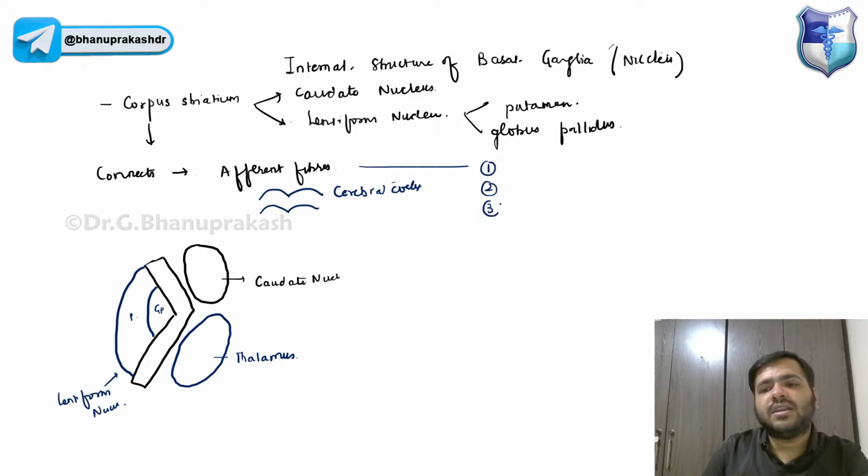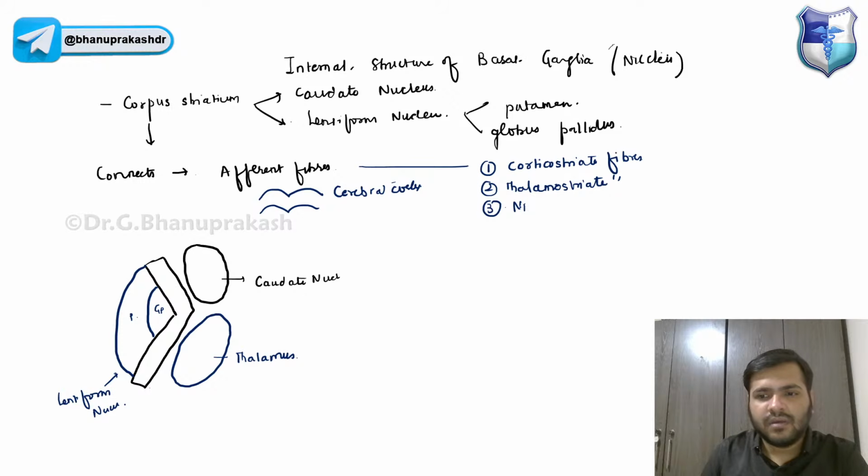These are the corticostriate fibers, then we have the thalamostriate fibers, and the third one, which you can remember, is the substantia nigra fibers. So they are also called nigrostriate fibers.